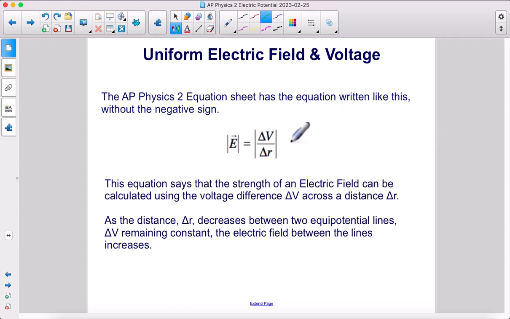This equation says that the strength of an electric field between two plates, like this, can be calculated using the voltage difference across a distance. So let's say this has V and this is 0. This will have a delta V equal to that voltage, and the closer these plates are together, the stronger the electric field that will exist between the plates.